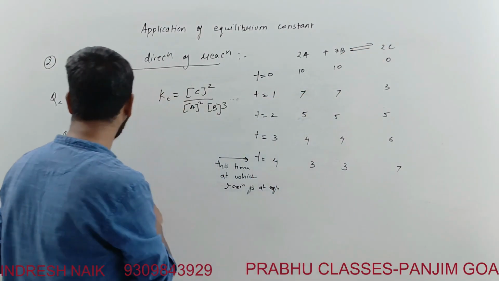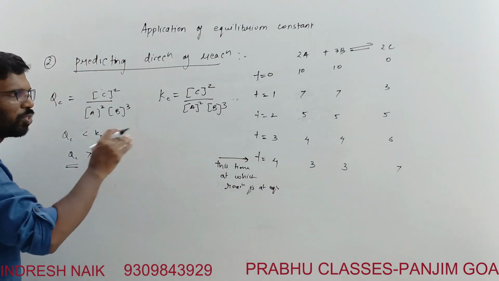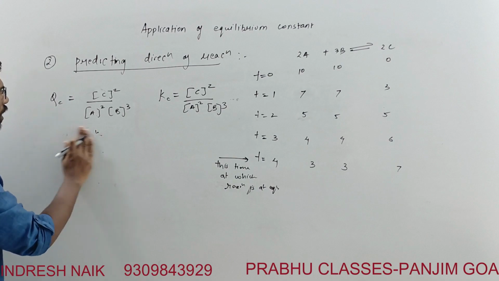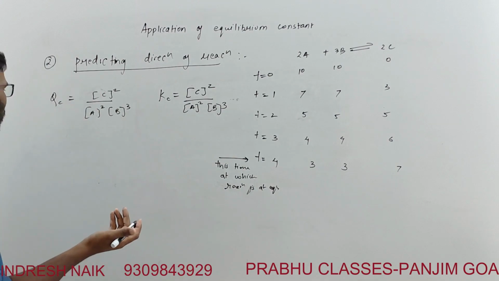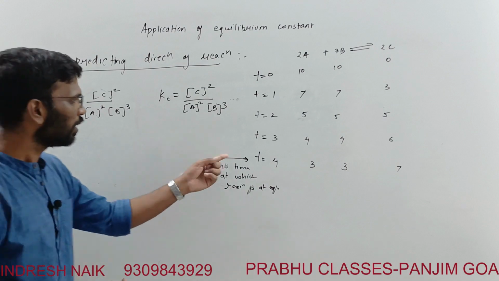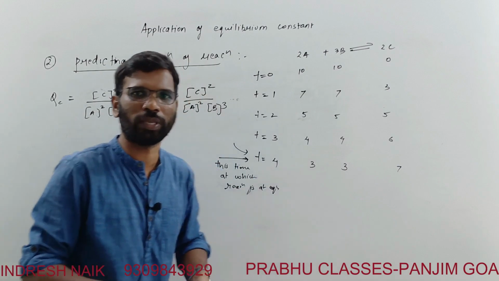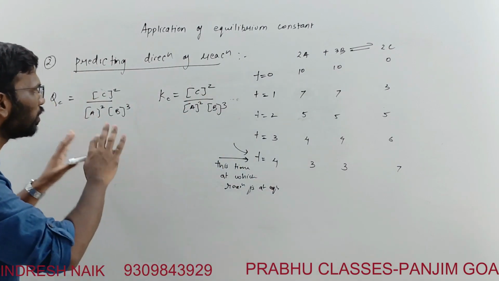That time the product concentration will be more, and QC will be greater than KC. So this is what it means. And one more thing: when QC is equal to KC, the reaction is at equilibrium, right? Means you are calculating at this point, and that time QC is equal to KC. So that is the whole application.